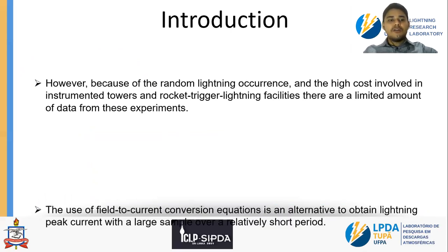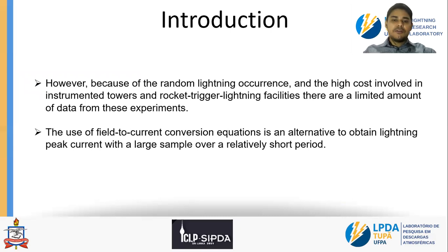The use of a field-to-current conversion equation is an alternative to obtain lightning peak current with a large sample in a relatively short period.